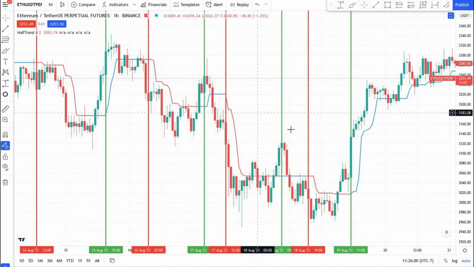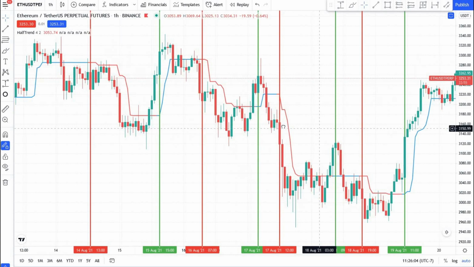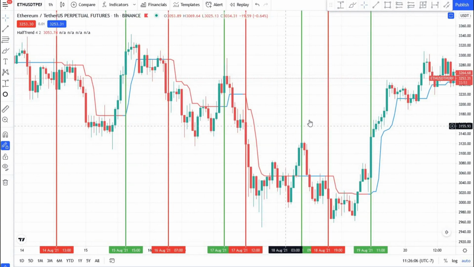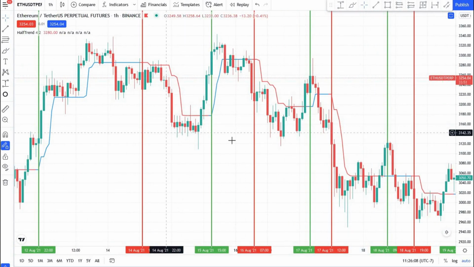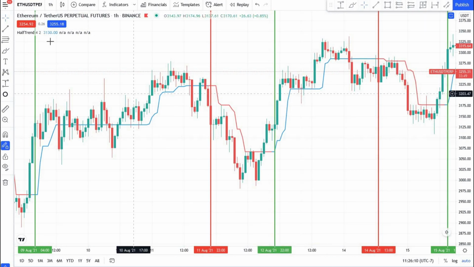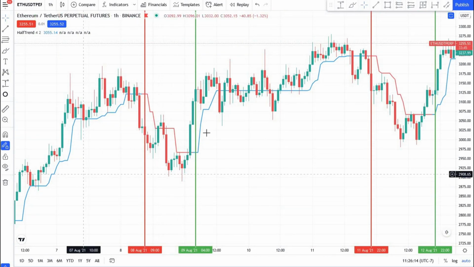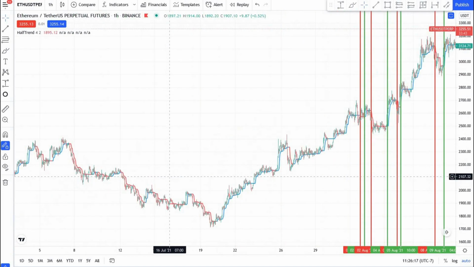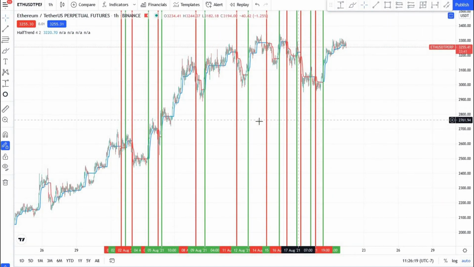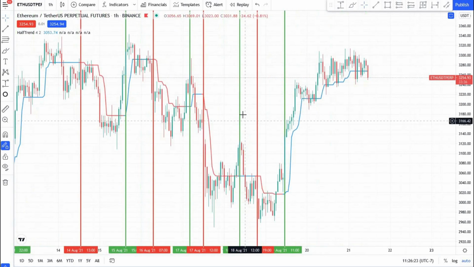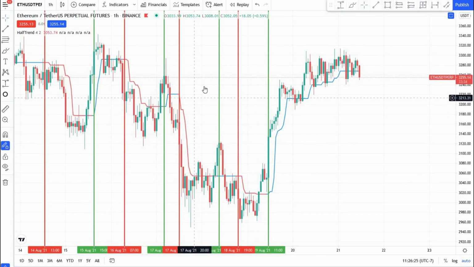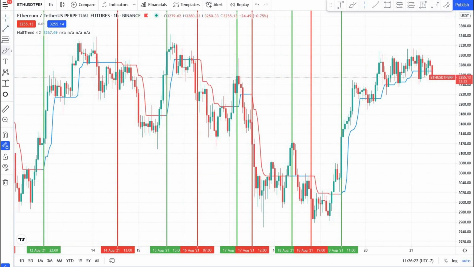Okay, I just put those vertical lines, meaning the places where the color of this Halftrend indicator changed. So basically I have like 18 trades. We're gonna see how many of those trades are successful.